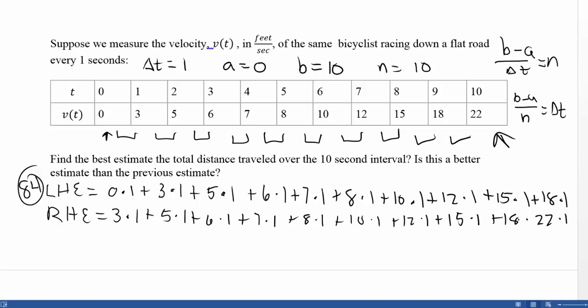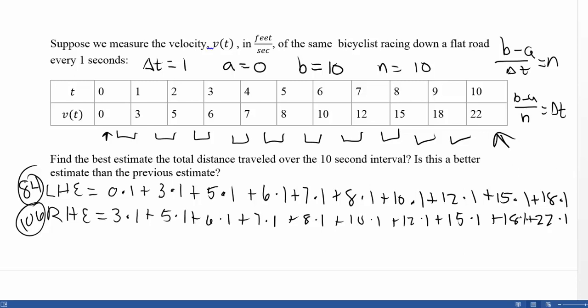So if I add these all up, don't forget my times 1 here at that 18. If I add those all up, I'm going to get 106 feet.